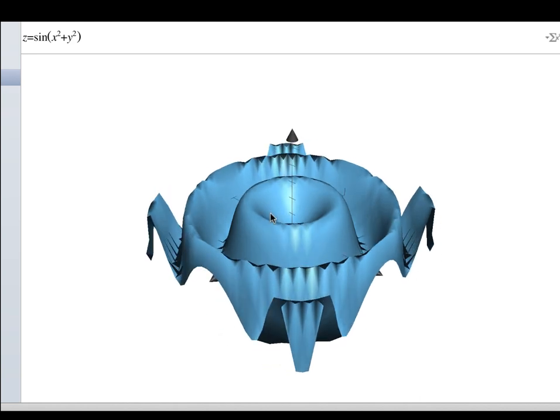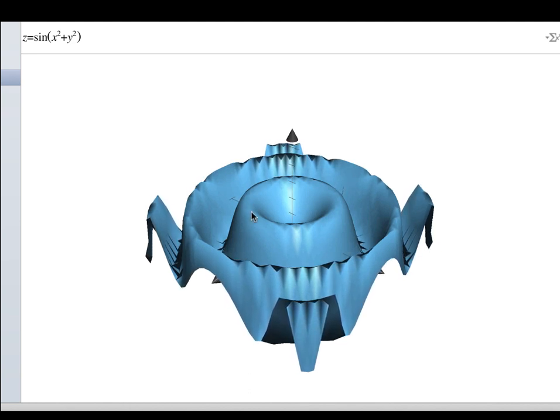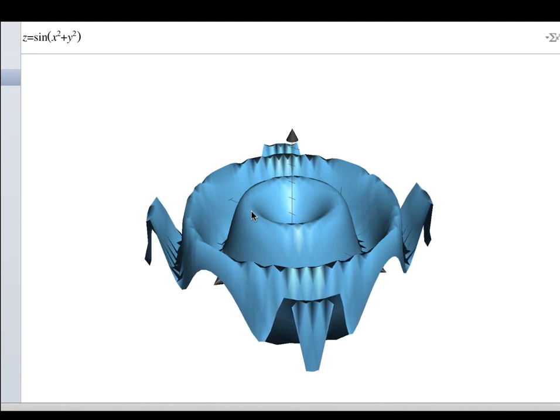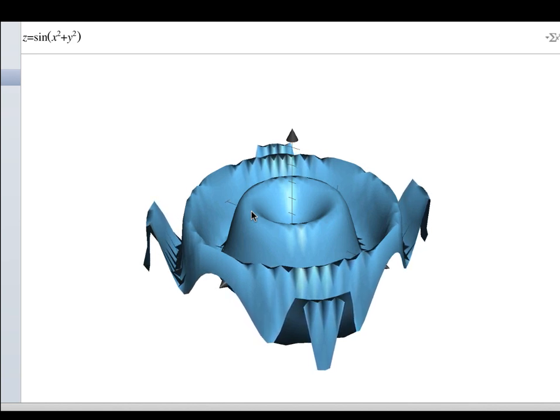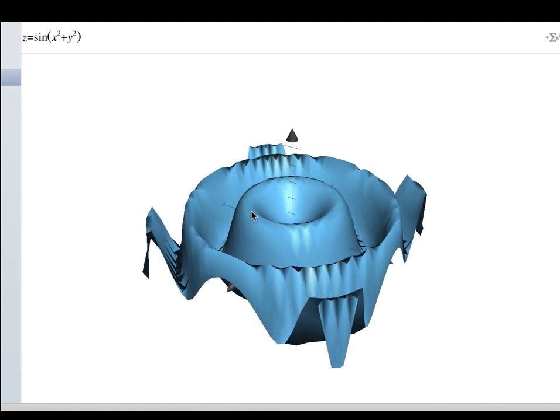Now I've been saying that we have maximums and minimums here, but let's just talk about how these points along the circles satisfy the definition of maximum and minimum. Remember that there's a relative maximum at a, b if f of x, y is less than or equal to f of a, b in a small disk surrounding a, b. And that's what's happening here.